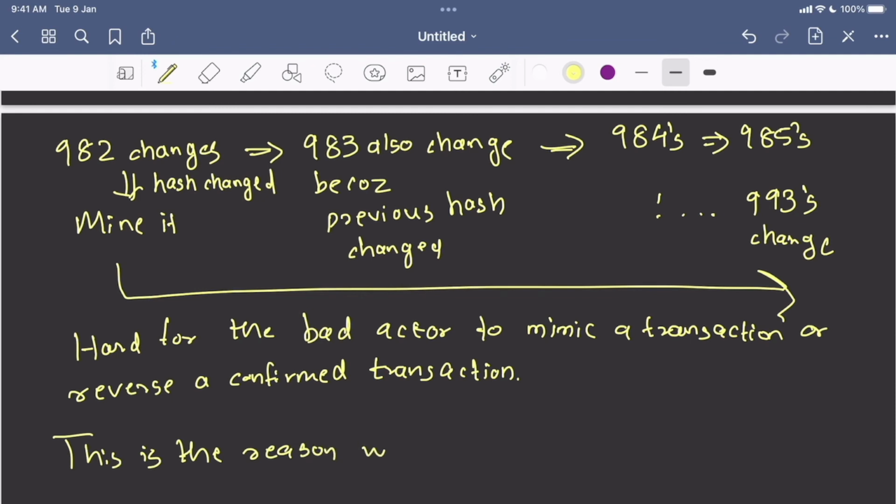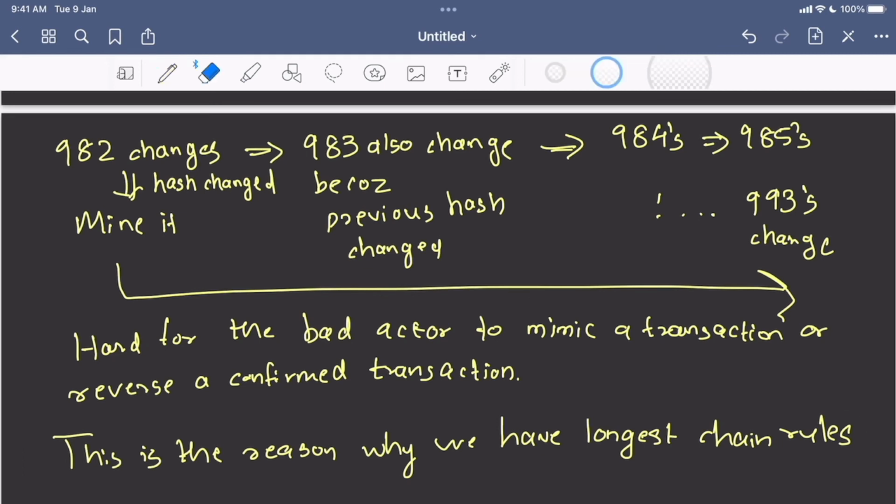Now you can see this is the reason why we have the longest chain rule. Like you saw in scenario 2, out of the forks which were popping out at the exact same time, we were waiting until one of the forks got longest and we added that longest fork to the existing chain.